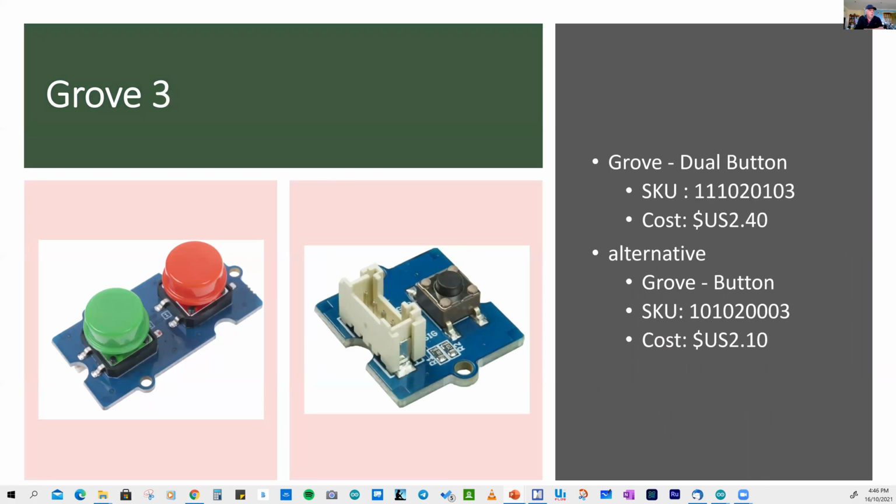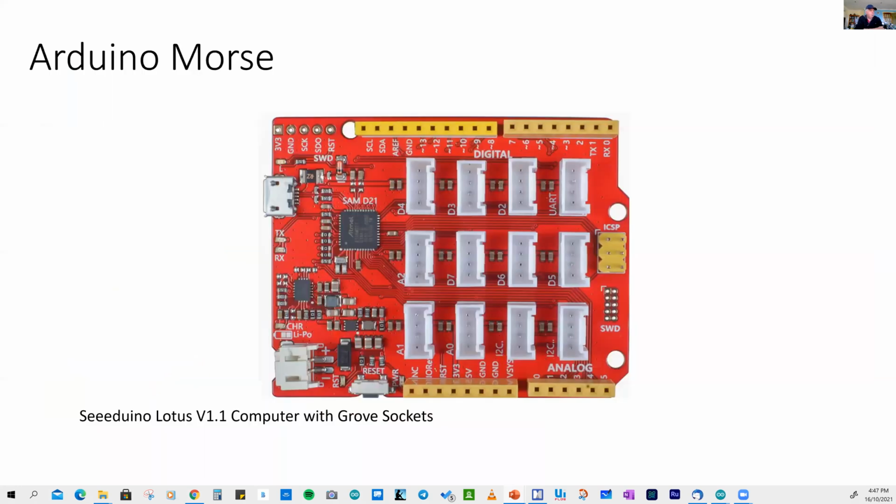And finally, we've got on the left the dual button array, and I'm using the red one for the preset message and the green one for my Morse code key. Alternatively, if you just wanted one, you could use the cheaper single push button device.